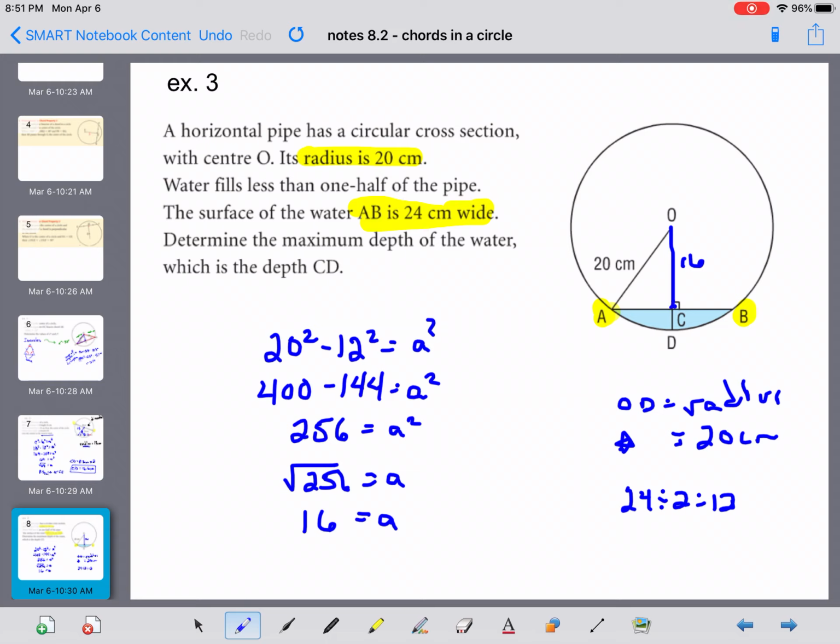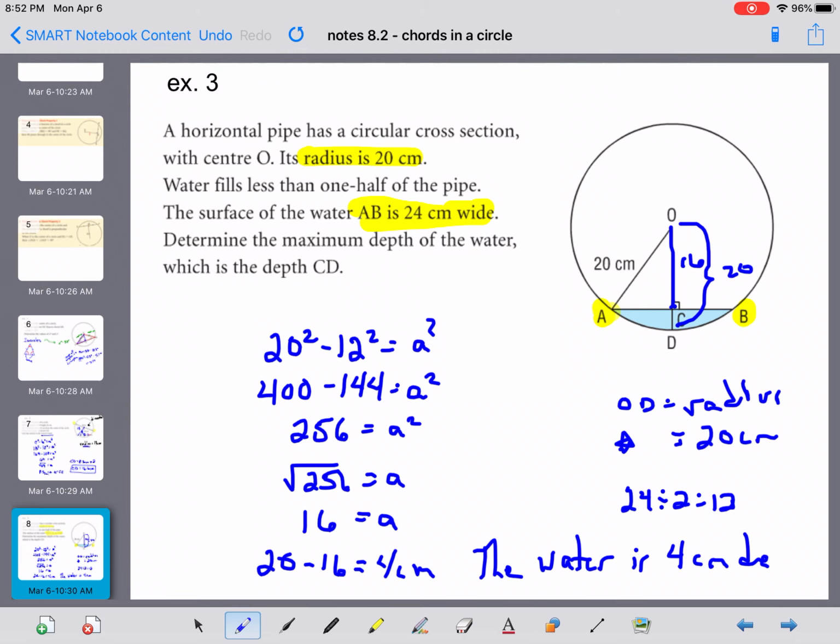I know that this distance all the way from there all the way down is 20 units, because that's the same as my radius. So to figure out how deep it is, how long C to D is, all I'm doing is taking my 20 units from my radius, subtracting those 16 units, to leave me 4 units or 4 centimeters deep. So the water is 4 centimeters deep.